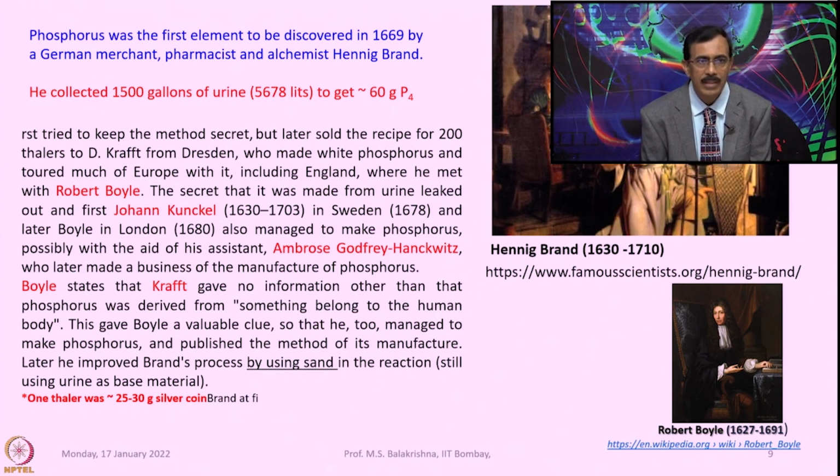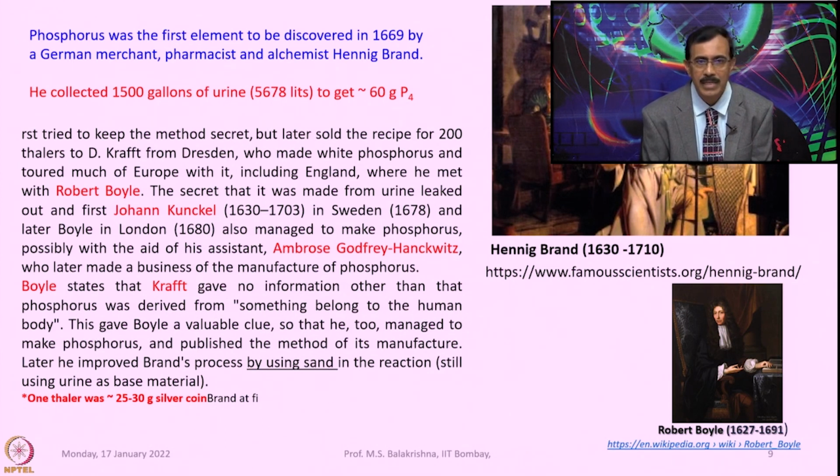And later he sold that recipe to one gentleman called D. Kraft from Dresden for about 200 thalers, and the recipe travelled all over Europe including England, where he met with Robert Boyle.